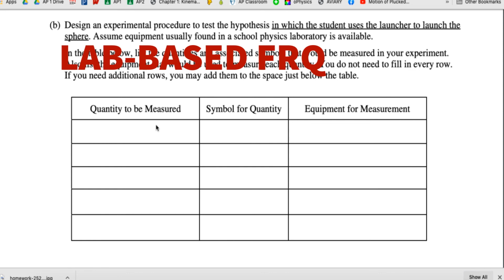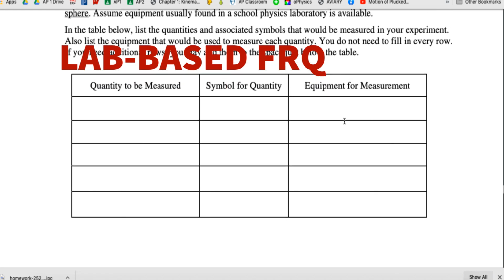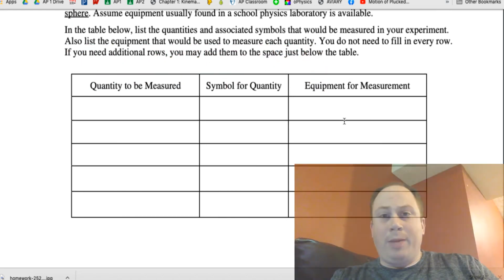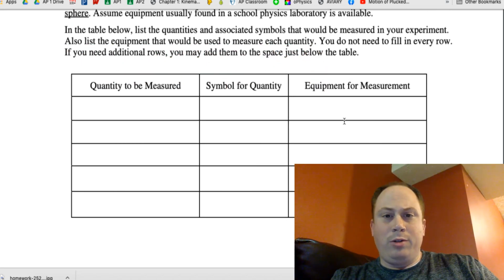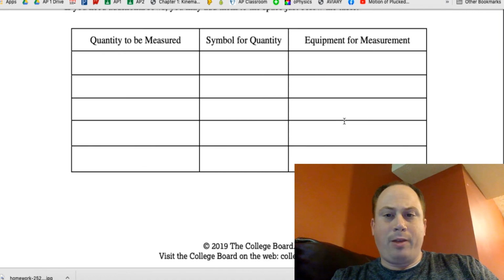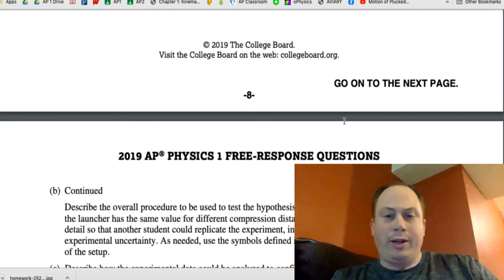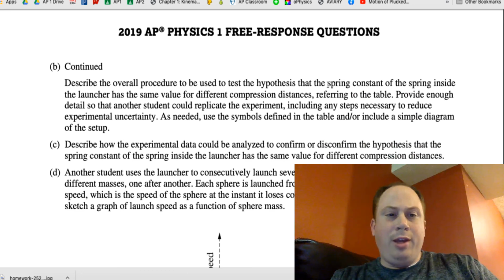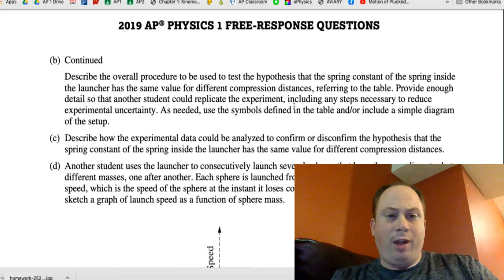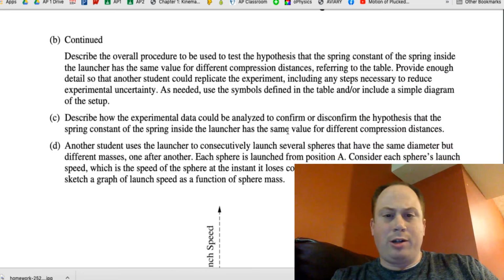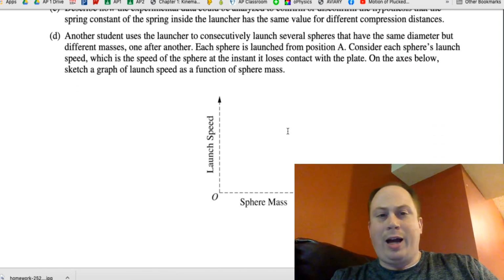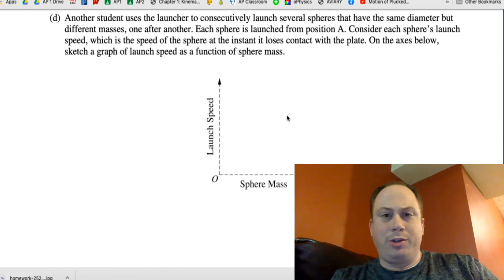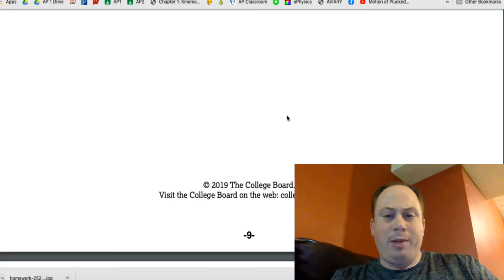They want you to talk about the quantities to be measured, the symbol for the quantity, the equipment. You'd have to show your understanding of how lab situations would work and what you would do to set up that lab and only collect the variables that are needed. And then after that, they have you follow up and describe your procedure, describe what you would graph, how you'd get a certain result to show up. So that's what the lab-based question would look like.